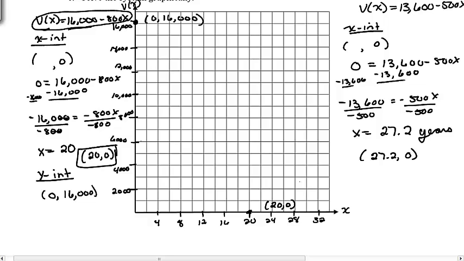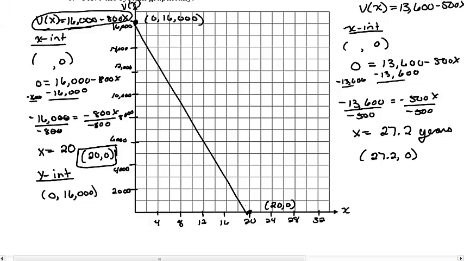I'll try to use a straight edge so that maybe my graph will actually look fairly decent. All right. So there's my line. I'm a little bit off, but that's okay.